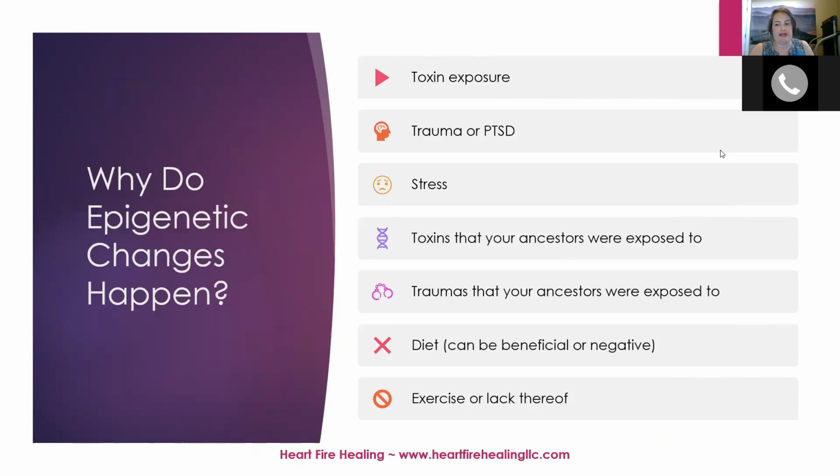Stress is a big cause of epigenetic changes. The toxins that your ancestors were exposed to actually affect you. So if your ancestors have a change in terms of what part of the recipe is available, many times your body will inherit that same change. Traumas that your ancestors were exposed to, same kind of thing.